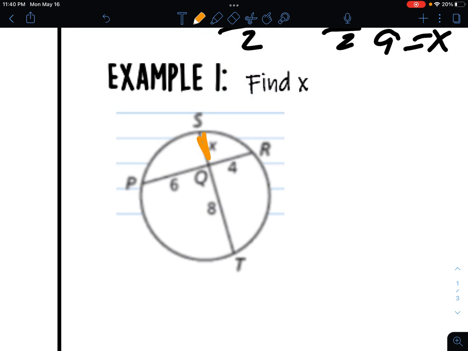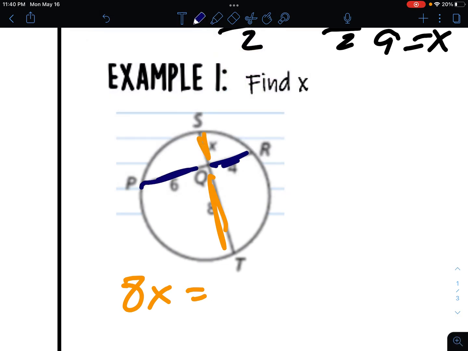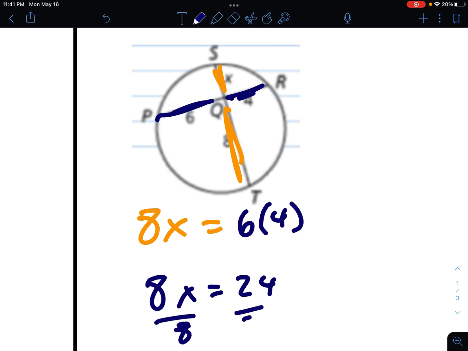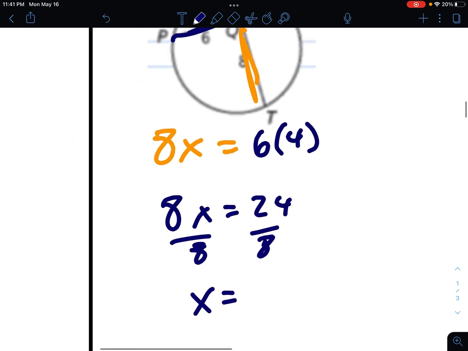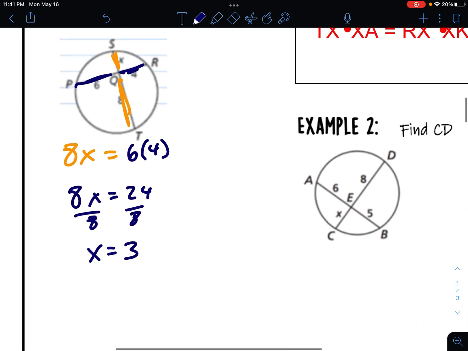So we got those 2 together, 8x equals 6 times 4. Our 8x equals 24. Divide by 8. X is equal to 3. You can plug that back in to find side lengths.